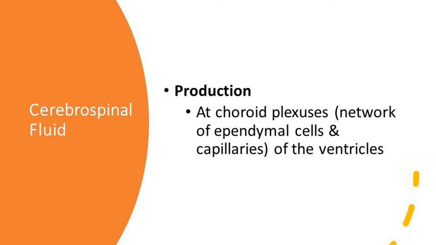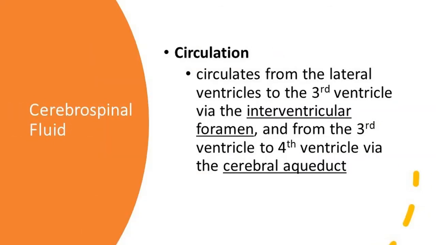they produce cerebrospinal fluid. From the choroid plexus, where the cerebrospinal fluid is produced, it circulates into the two lateral ventricles, and from there it moves to the third ventricle via the interventricular foramen. From the third ventricle, the cerebrospinal fluid will go to the fourth ventricle via the cerebral aqueduct.